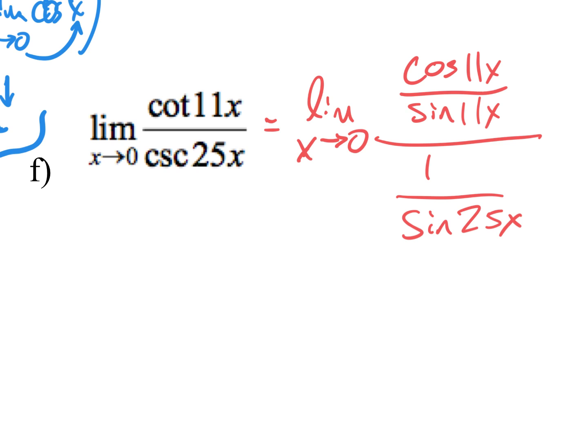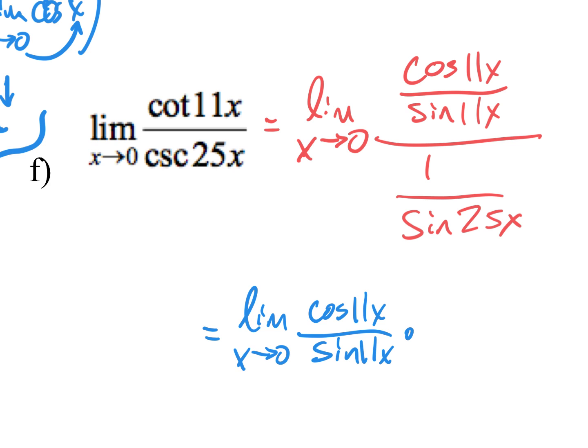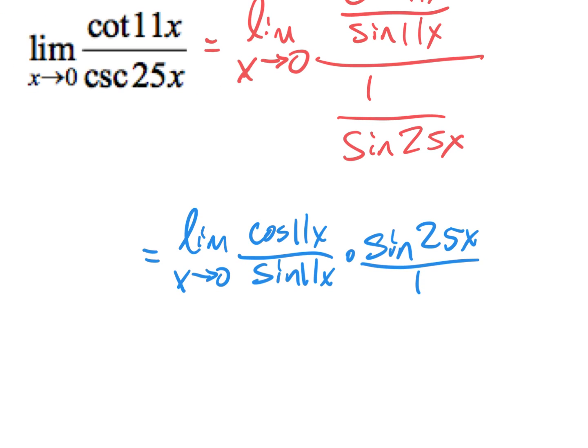Okay? So rearranging, this is the limit as x goes to 0. Let's just write this as multiplying by the reciprocal. So we have cosine 11x over sine 11x times sine of 25x, and if you want, over 1. Well, what's going on here? I wish there was a 25x under here, and I wish there was 11x above here.